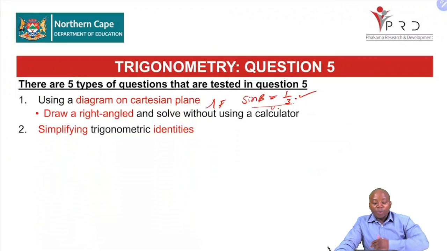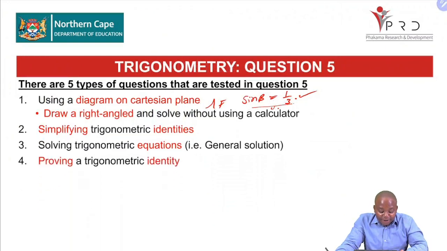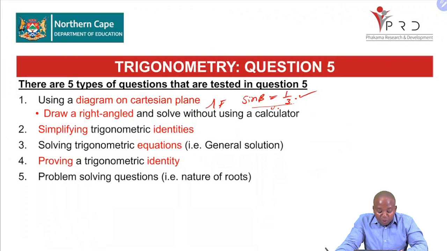Number 2, the second type of question says simplify the trigonometric identities. Number 3, we are going to solve trigonometric equations. In most cases, we are dealing with the general solution with regards to the equations. Number 4, we are going to prove a trigonometric identity. Number 5, we are problem solving, where we are going to apply the nature of roots on our trigonometry.